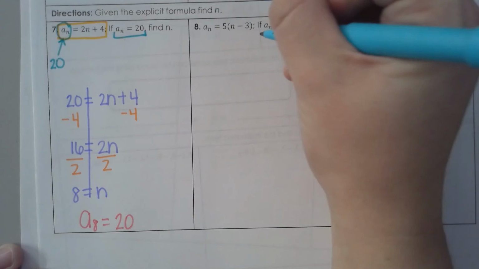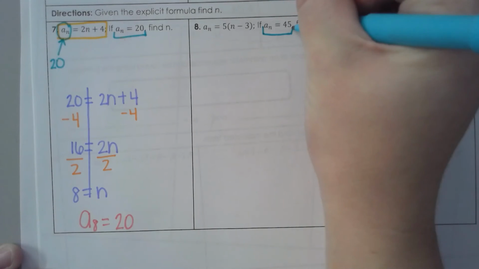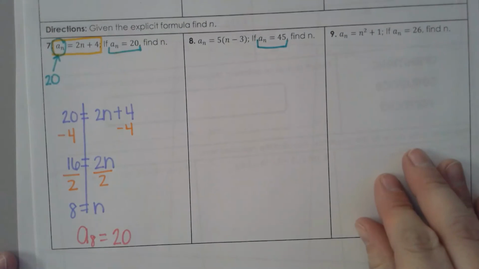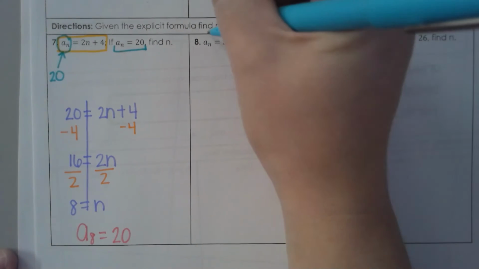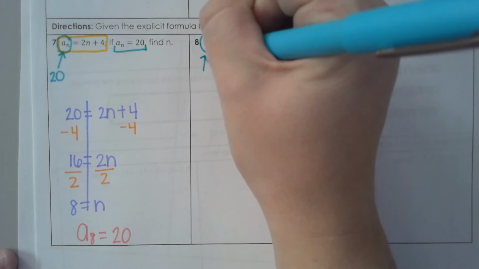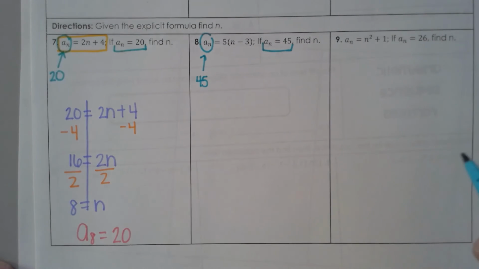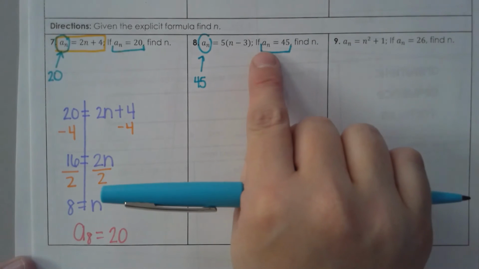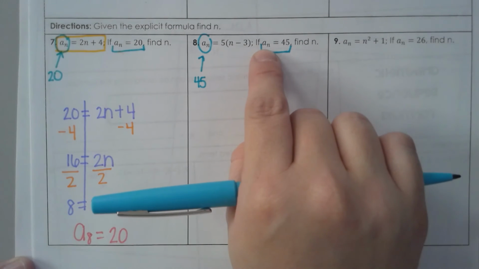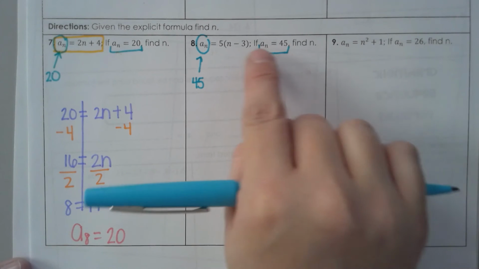Number 8, I gave you A(n). So we're going to put a 45 in the A(n) spot, not just for the n. The whole A(n) is 45. We're finding the n.